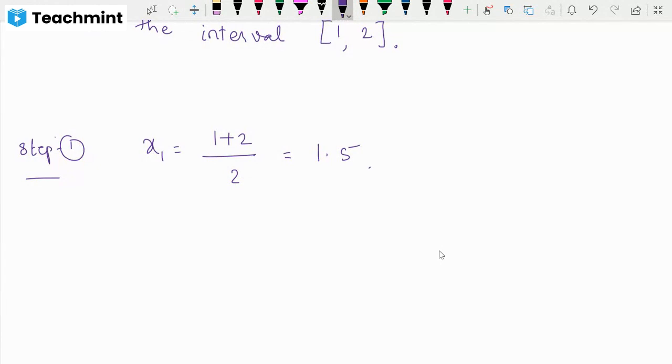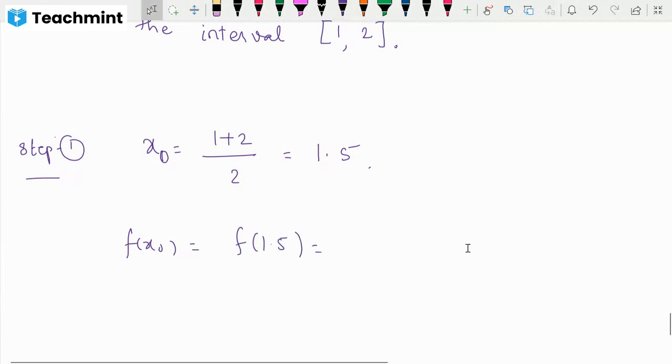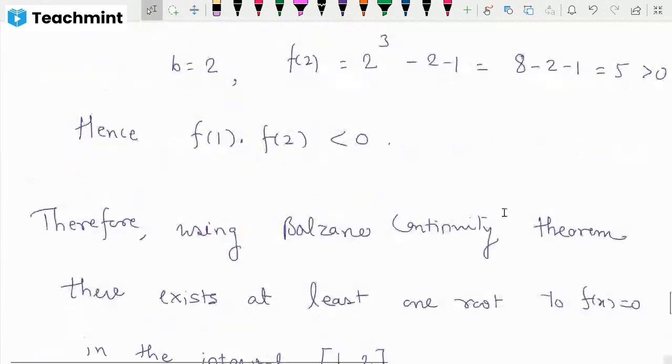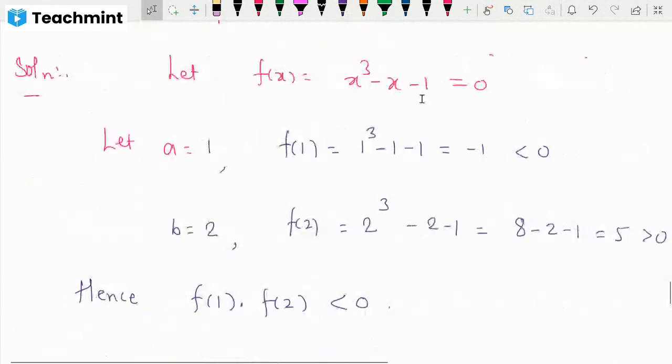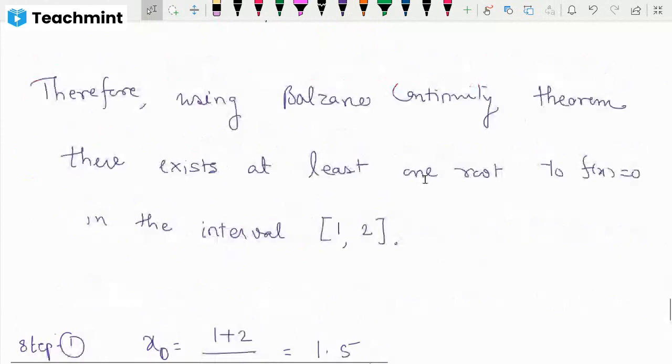You can call it x1 or x0, that depends on you. So what is f(x0)? That is f(1.5). But what is f(x)? f(x) is x cube minus x minus 1. So let us find f(x0).